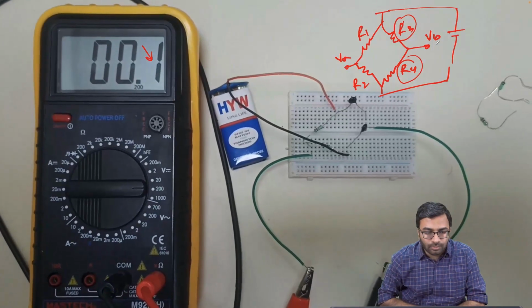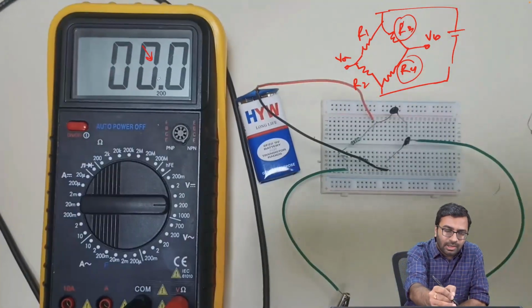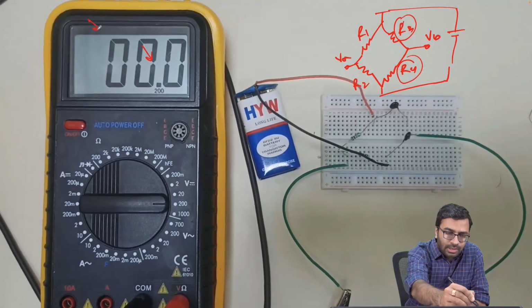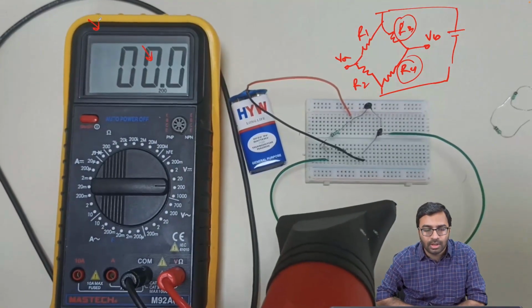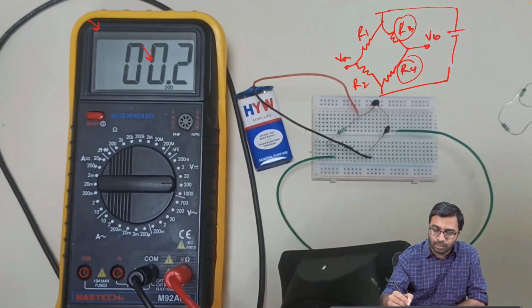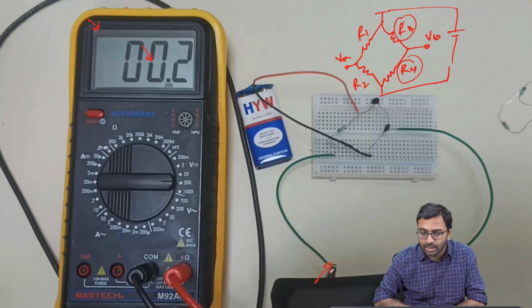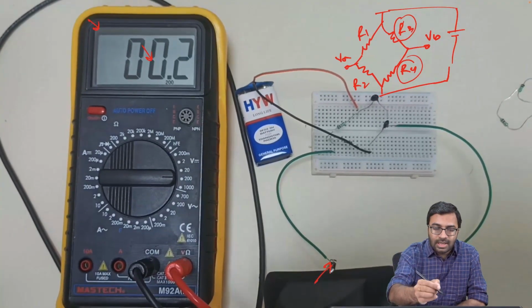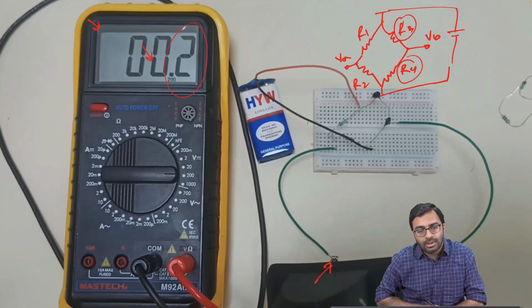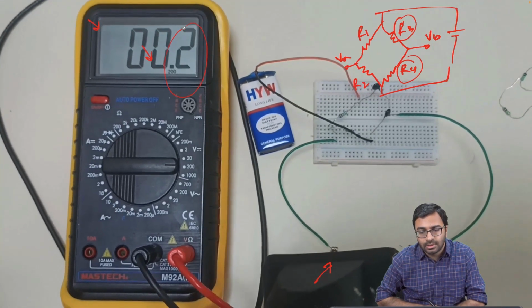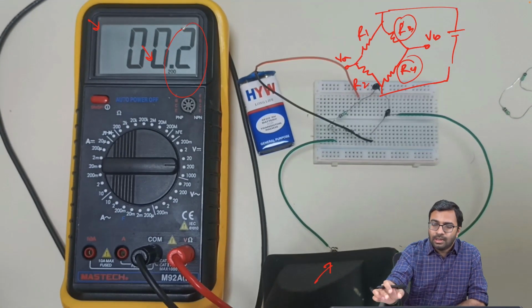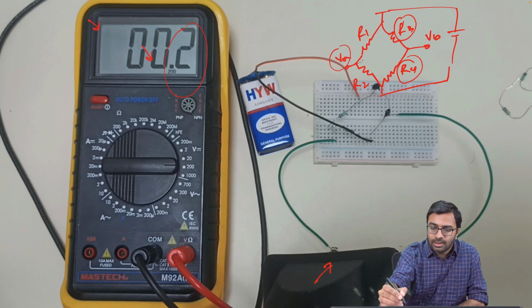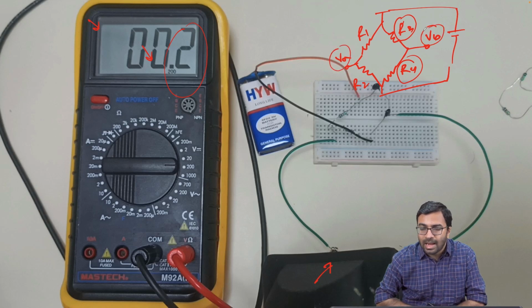Now see, in this case you have a very low voltage in the multimeter reading because it's more or less balanced. The moment we put hot air using this hot air gun, you can see that there are certain voltages in the multimeter because of these VA and VB values.